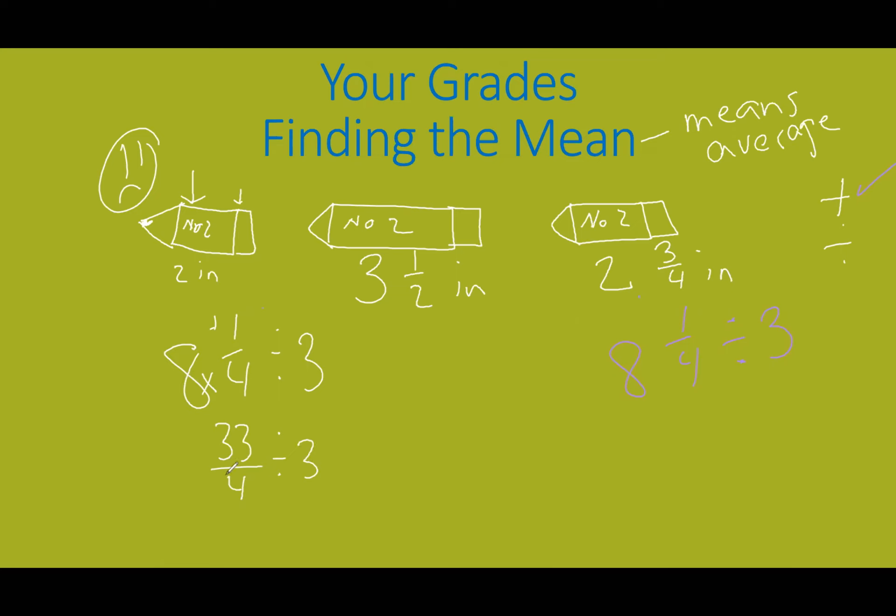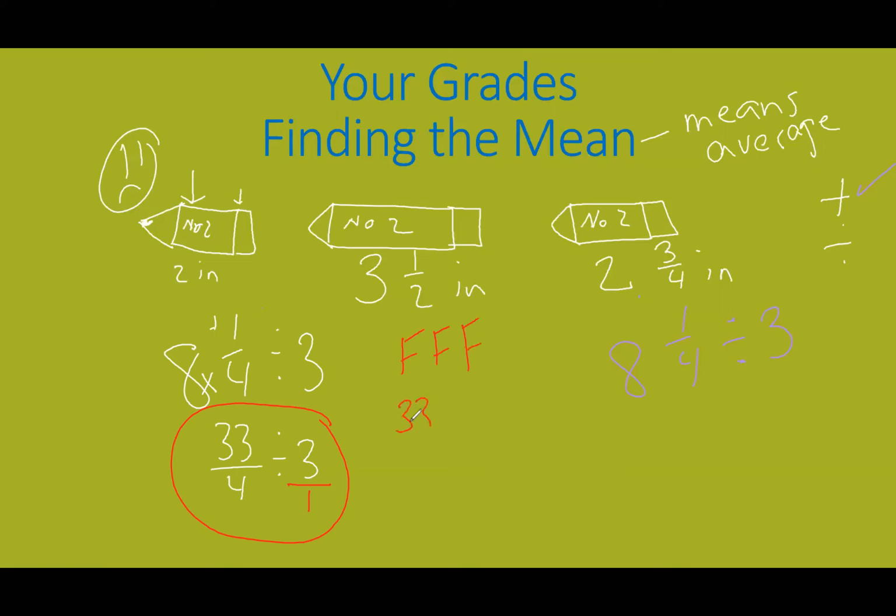So 33/4 divided by 3, well, let's turn this 3 into a fraction. And remember, when we are dividing fractions, we don't want to do that. We want to multiply because it's easier. So you're going to flip the following fraction.